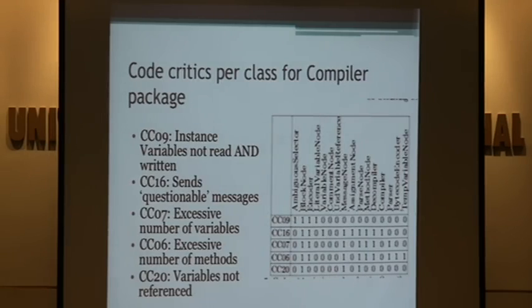So how have we done the analysis? Don't worry, there are tables and formulas, but they are easy. Let's imagine that I take only the compiler package. In each column you will have all the classes of the packages, but imagine that I analyze the complete Faro image, so I will have all the classes here, and in the rows you will have every rule that is fulfilled at least by one of the classes.